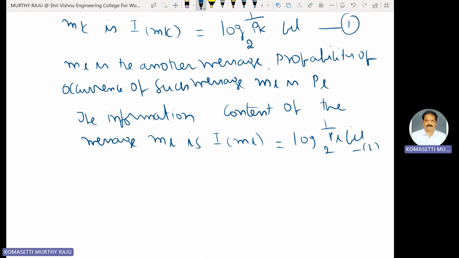The two messages M of K and M of L are independent.